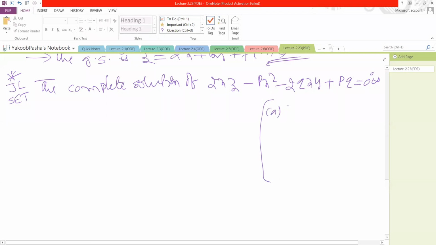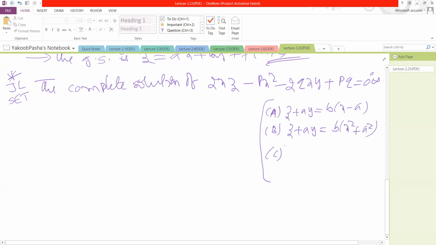Option A: z plus ay is equal to b into (x minus a). Option B: z plus ay is equal to b into (x square plus a square).